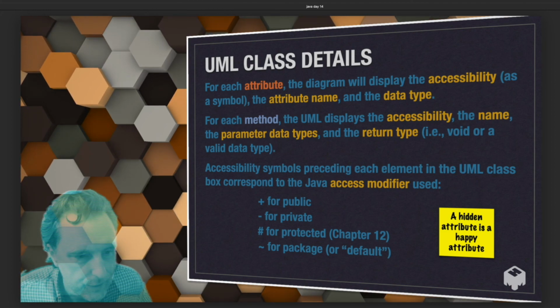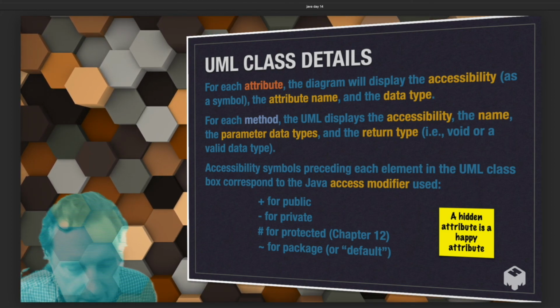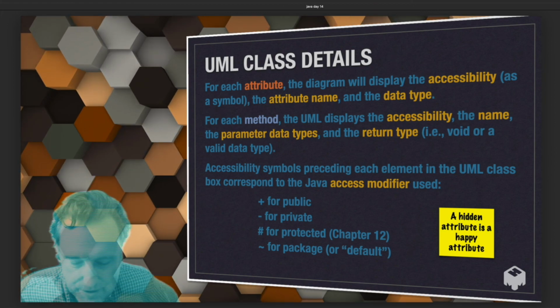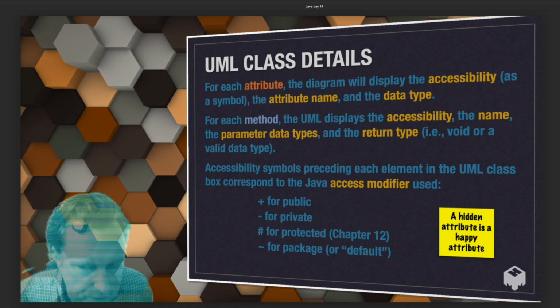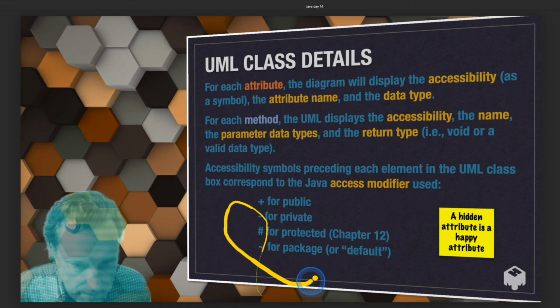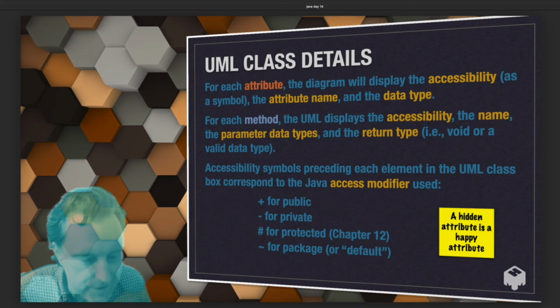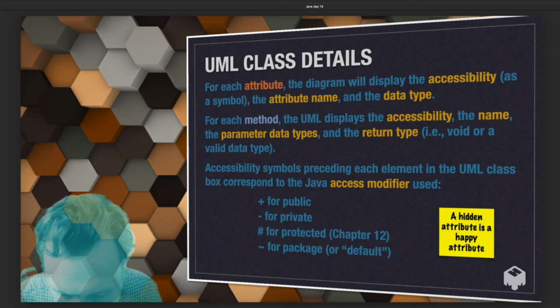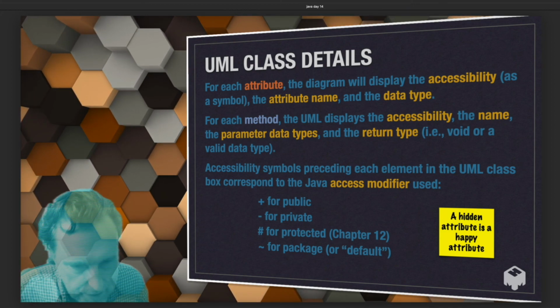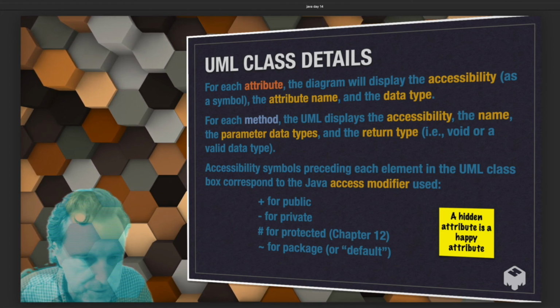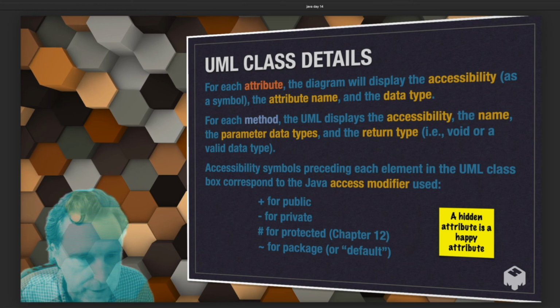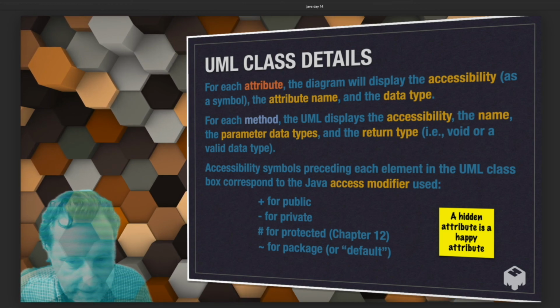Instead of typing out public, private, protected, package, UML uses symbols. The most default character-based symbols are the plus, the minus, the pound, and the tilde that you can see here. Lots of UML packages use fancier symbols when you're trying to design and present these reports, but they all boil down to the plus, the minus, the pound, and the tilde for public, private, protected, and package.